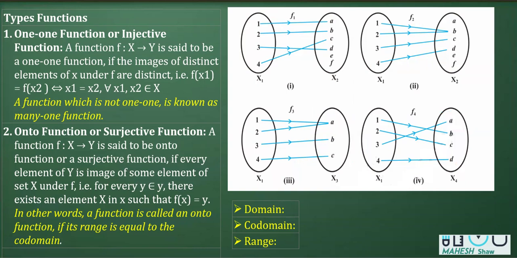Now, once you know what domain and codomain are, we are going to understand what range is. Range, by definition, is all those elements present in the second set which have some relation with the set A. Here, 1 is related with A, the image of 2 is B, the image of 3 is D, and the image of 4 is C. Elements E and F, although part of the codomain, are not the image of any element in the domain.